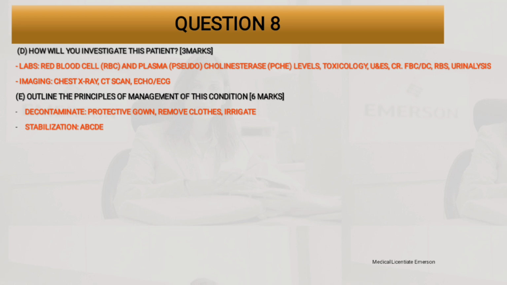Then circulation, their blood pressure is in hypotension. Then you can do an IV access line. For the fluid now, this is where you have to be careful, because you don't want to overload this patient and cause further pulmonary edema.